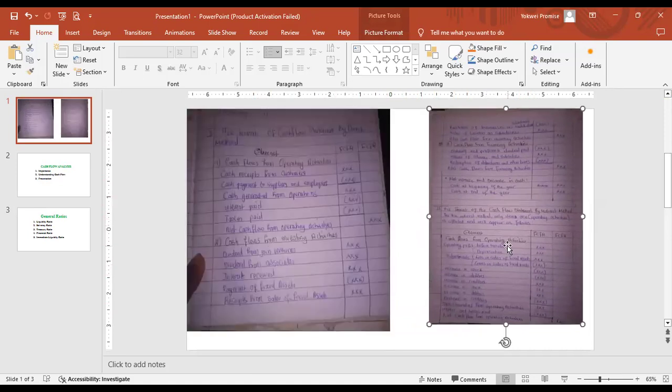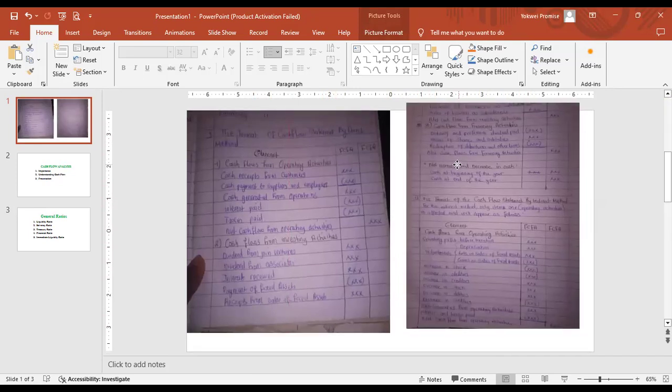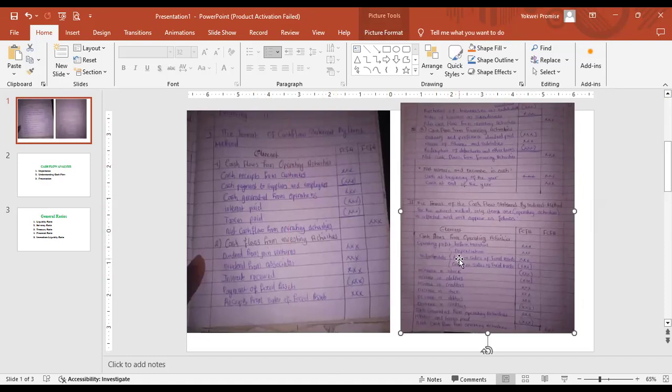So take a look. This is a sample, and then look at the indirect method. The only changes that we have are at the level of the operating activities. So this is the direct method and this is the indirect method. So it has been specified there. The only difference is going to come here at the level of the operating activities.